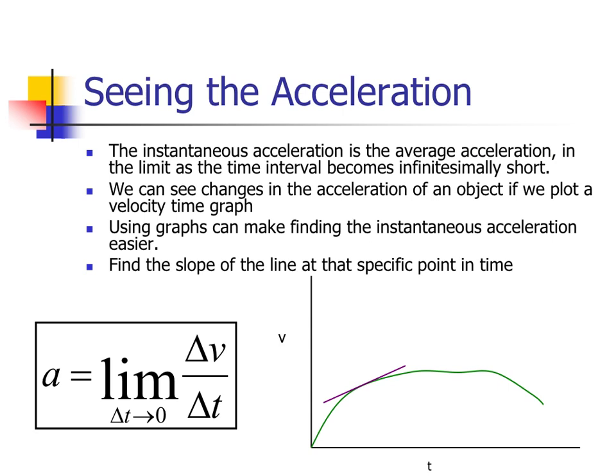As we saw with the instantaneous velocity, the instantaneous acceleration equation also brings in the idea of limits and the time interval, trying to make that as small as we possibly can.